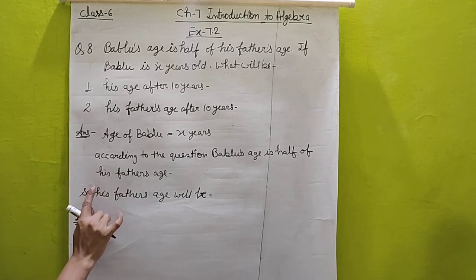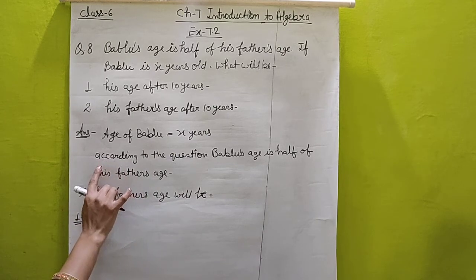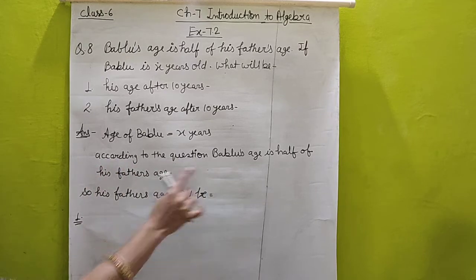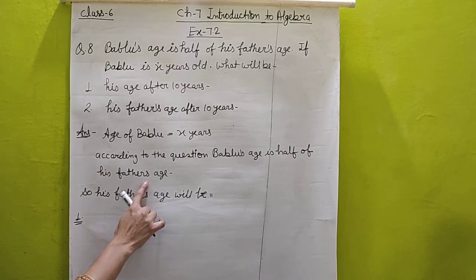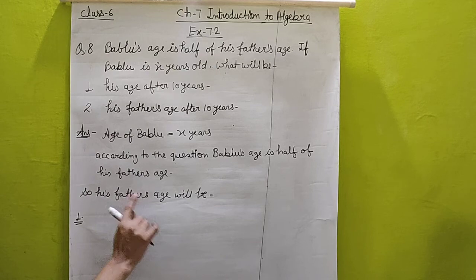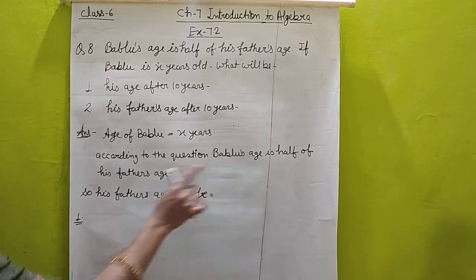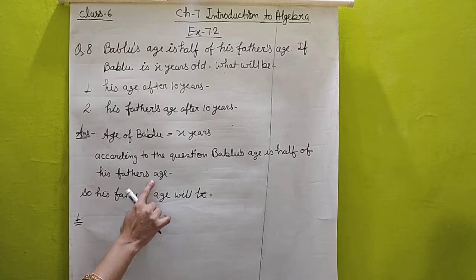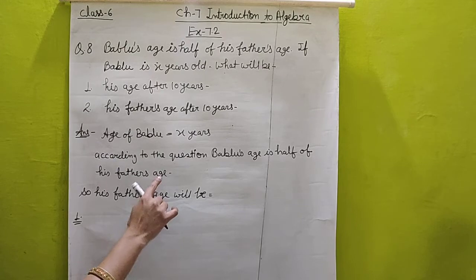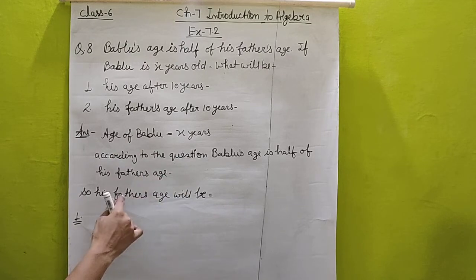It means students, we can say Bablu's age is half of his father's age, or his father's age is double of Bablu's age. Okay. We can say Bablu's age is half of his father's age, or his father's age is double or twice the age of Bablu.